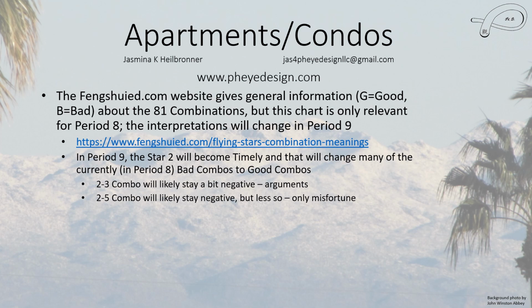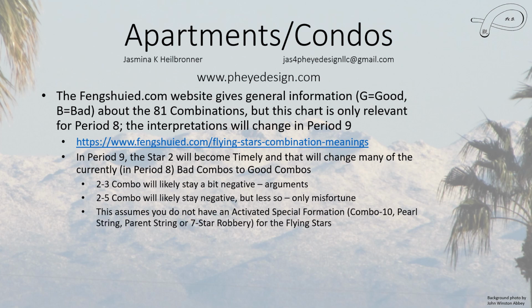Now the 2 in period 9 is a well star. And this we're talking about in your flying star chart, not your annual chart, but your flying star chart. Now this of course assumes you do not have an activated special formation in the flying star chart, and you can have a combo 10, pearl string, parent string, or 7-star robbery. That will make all of your stars in your flying star chart timely, and so that's good.